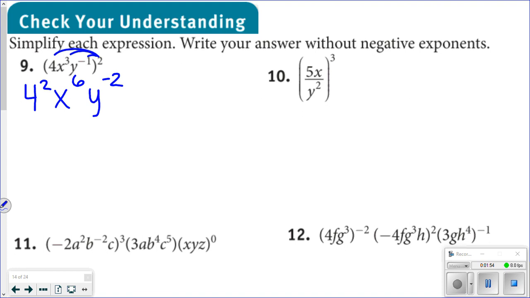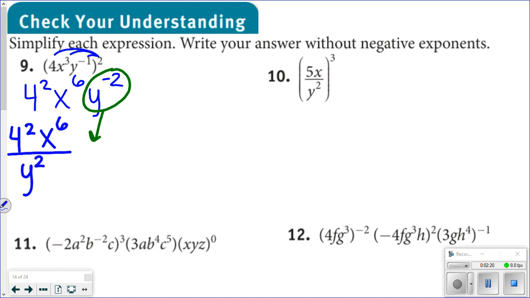Now, we can't leave our answer like this because we're not allowed to have negative exponents. So we have to clean it up. Take this negative, it needs to move to the basement, and it needs to become happy, turn positive. So 4 squared, x to the 6th power, make it a fraction, divided by, and in the denominator, we have y squared, positive 2.